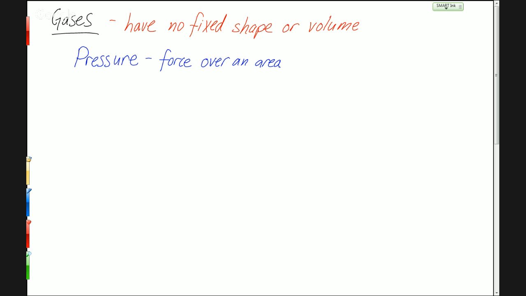So for example, we all exert a force on the Earth, right? Because of gravity, well, we technically, with the Earth and us, exert forces on each other, but we could think of it as me exerting a force on the ground simply by having mass that has gravity pushing onto the ground. So how could I exert greater pressure onto the ground if I can't change my force, can't change my weight?